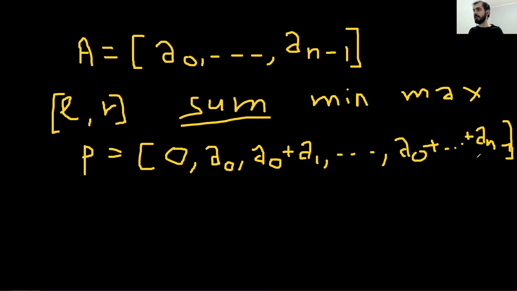Clearly, you can compute this in linear time, right? The only thing that you have to be careful about is whether or not you want to include 0, and you don't want any integer overflows, so you can use either long long, int64_t, or just long, right? In this way, you'll avoid any troubles.